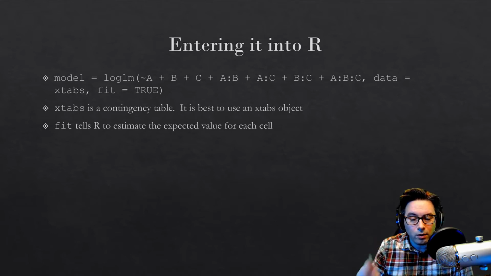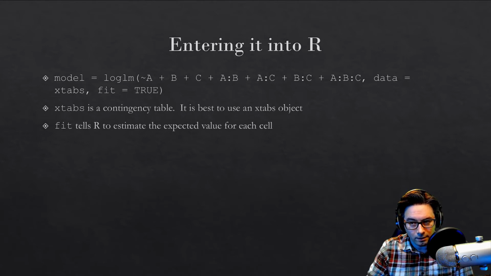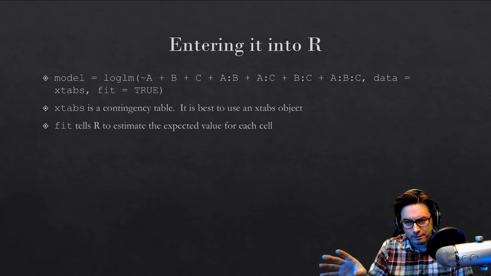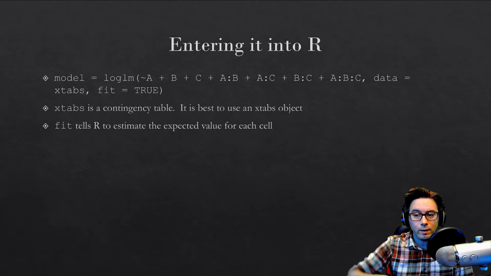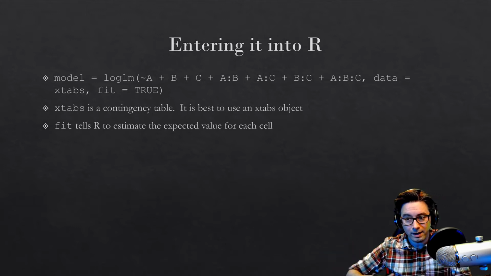Now, up here I have how we enter this into R. So we have the model assigned by loglm, and notice that it's using a formula similar to how we've talked about xtabs before, where we have the tilde, and then the variables after.